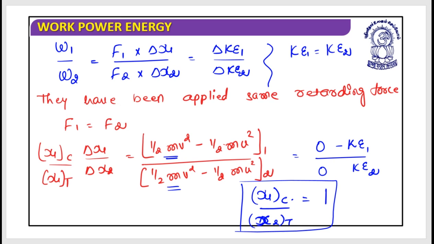So if they have the same kinetic energy and have gone through the same retarding force, their stopping distances are equal, or the ratio of the stopping distance is 1:1. I hope this is clear.